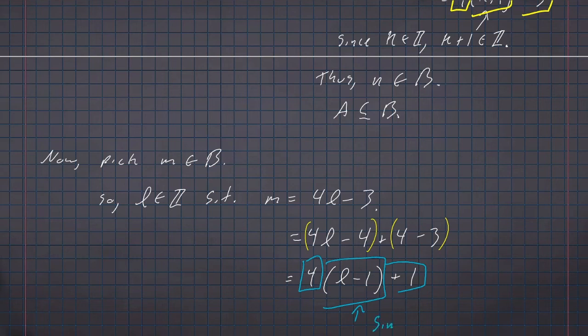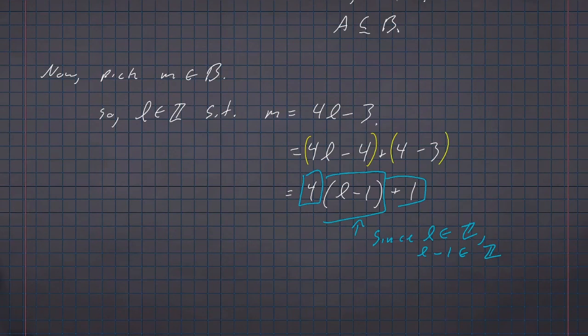And since L is an integer, L minus 1 is also an integer, so we have that M here is 4 times some integer plus 1, which is exactly the definition of set A.